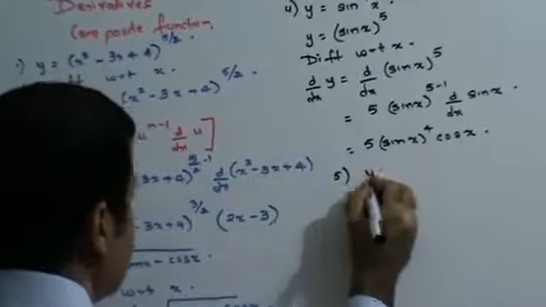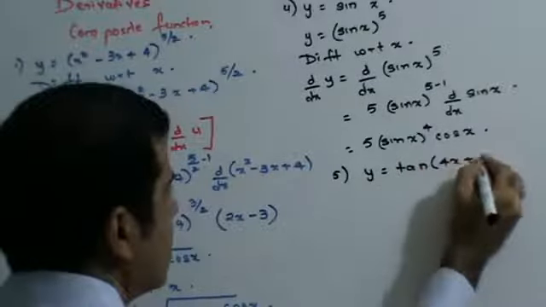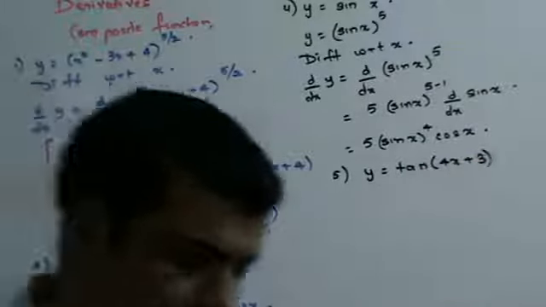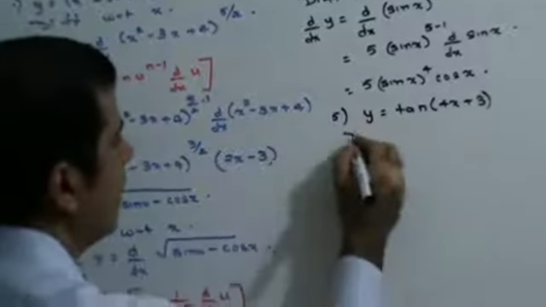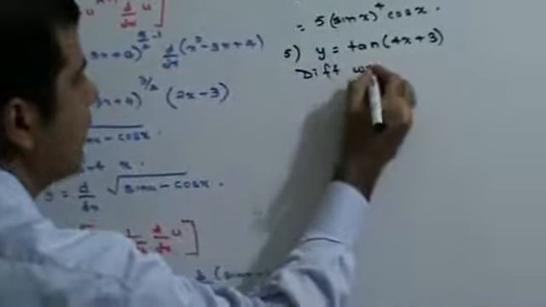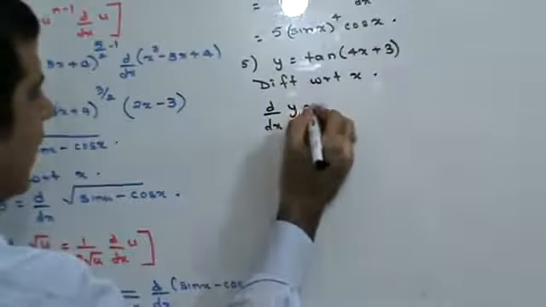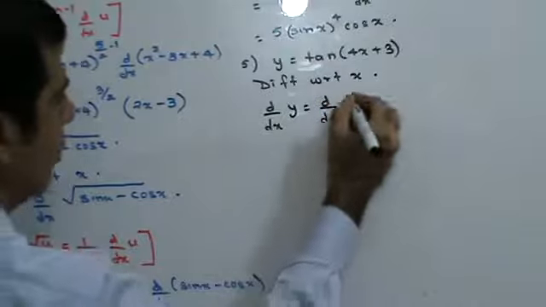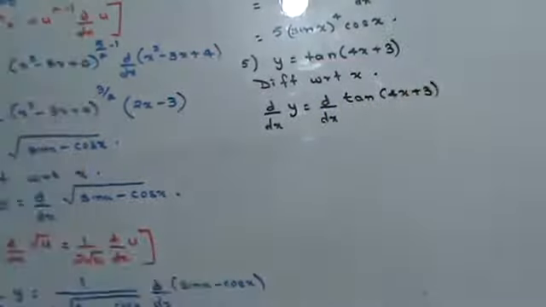Y is equal to tan 4x plus 3, right? Let's see how do we do this. Tan 4x plus 3, differentiate with respect to x. So you will get d by dx of y is d by dx of tan 4x plus 3, right?